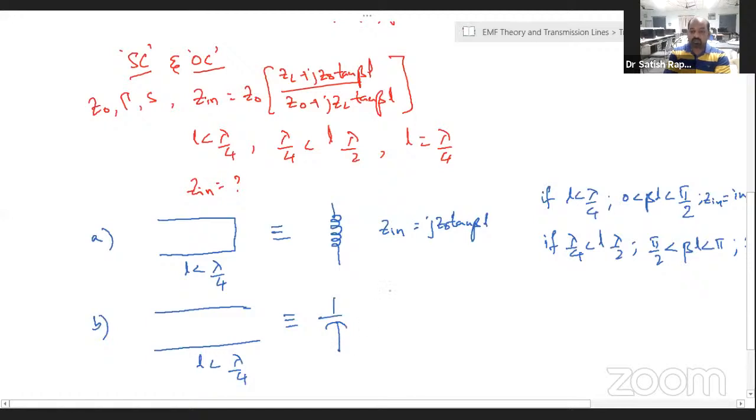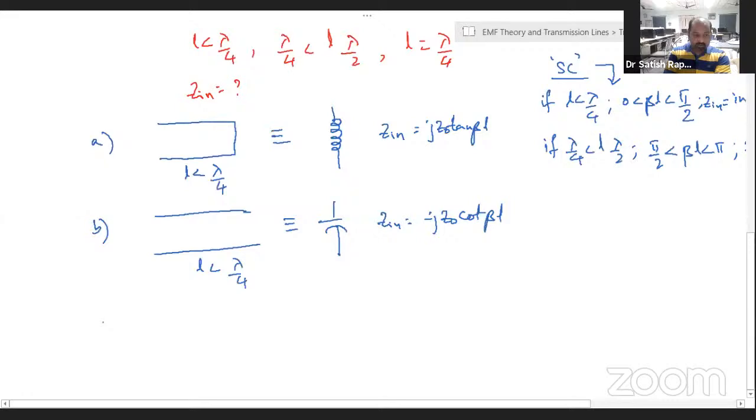So whatever I have discussed here is for short circuited transmission line. For open circuited transmission line, it is opposite, right?